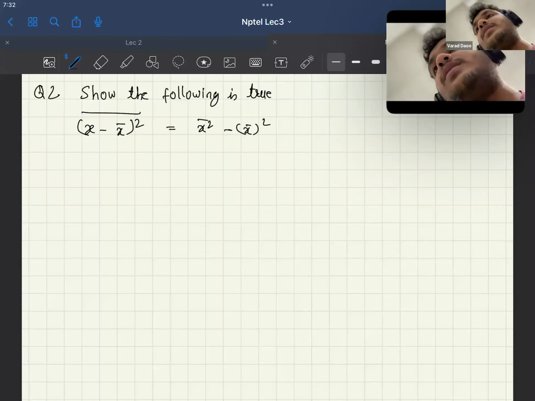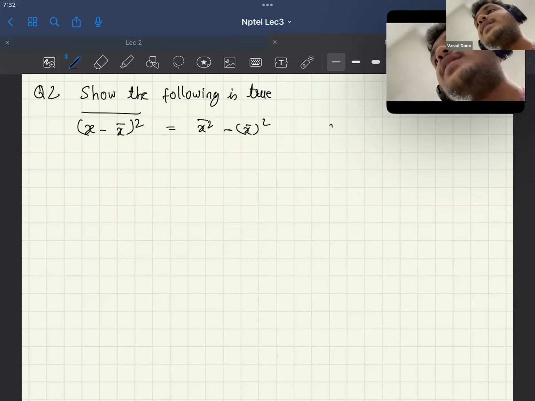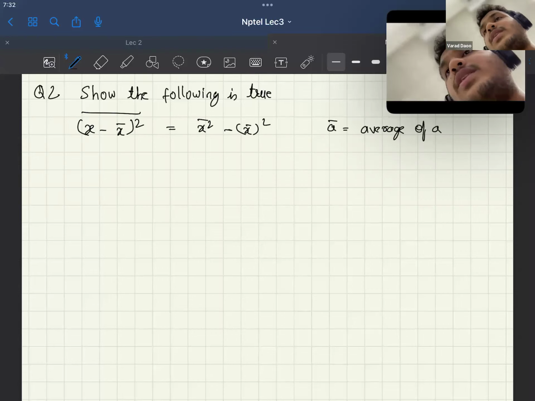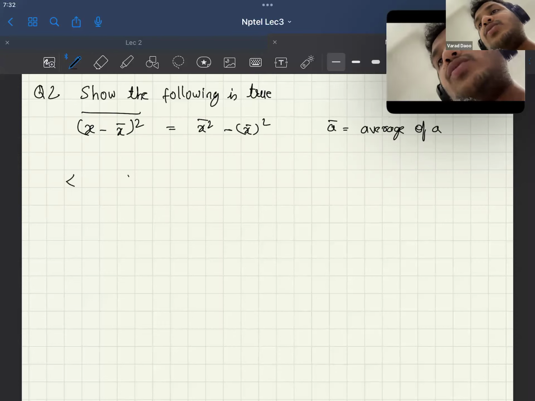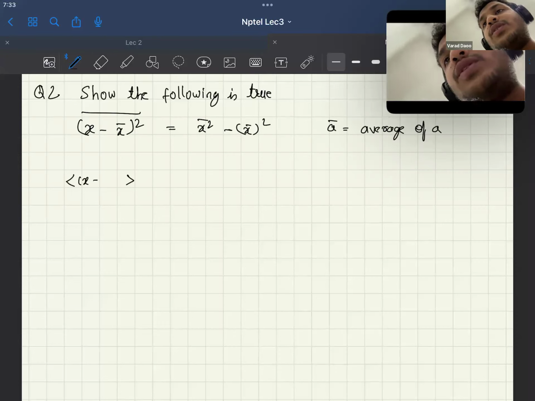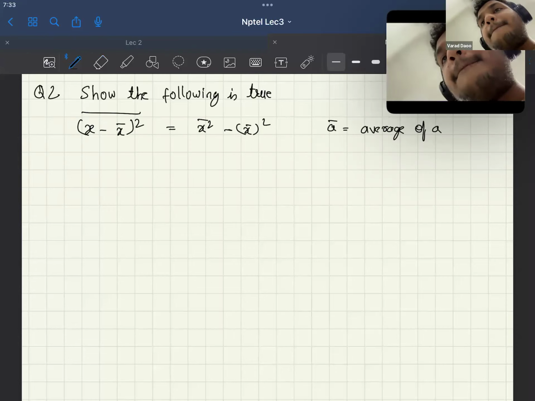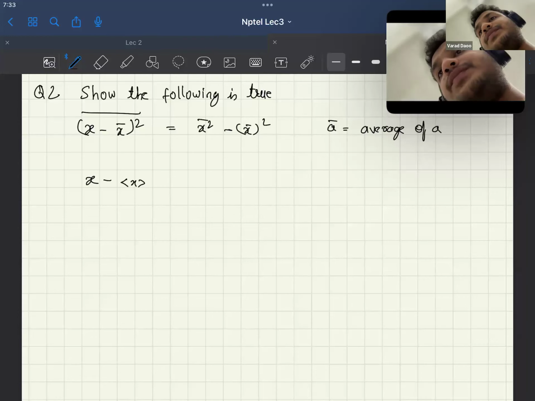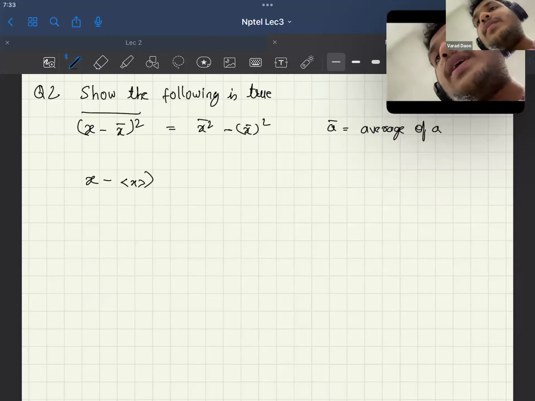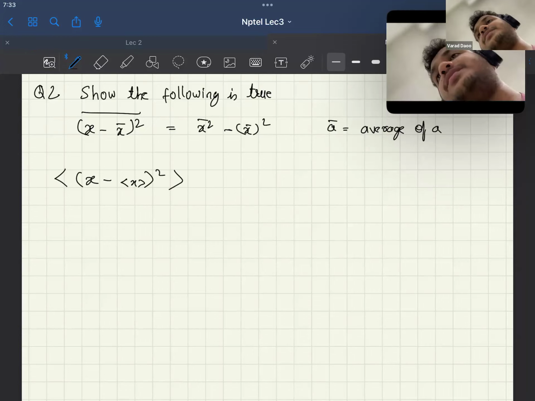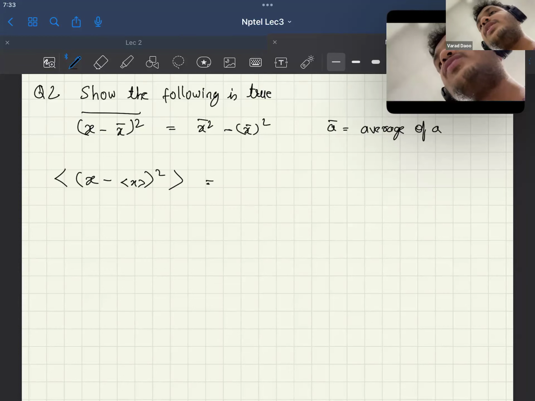Now what is this bar? The bar is nothing but the average of a quantity, where a is some quantity. In other words, we have the average of x minus the average of x, we make it square and we take its average, and that is what we want to show.